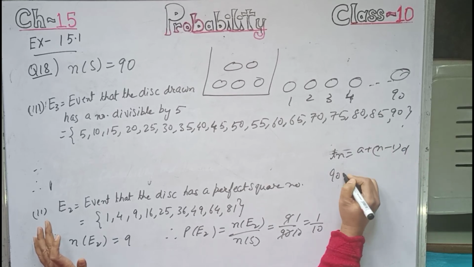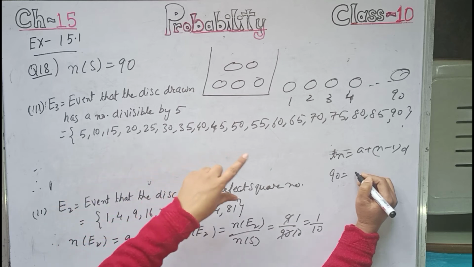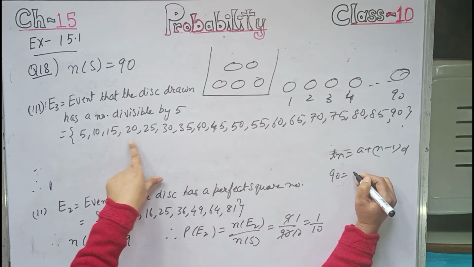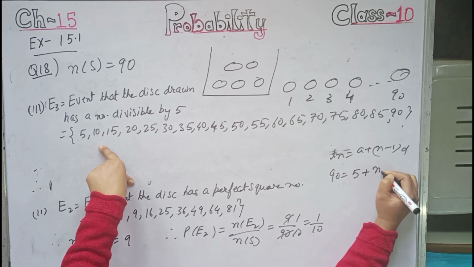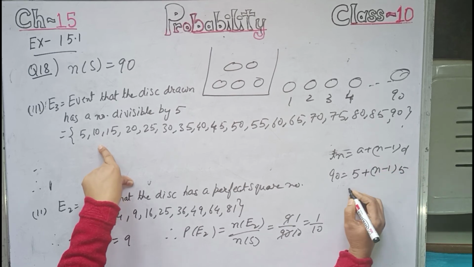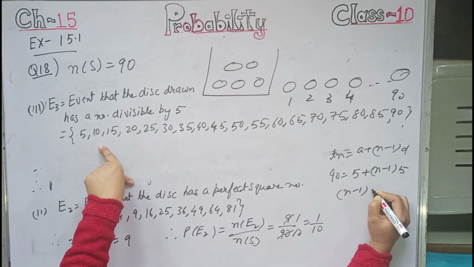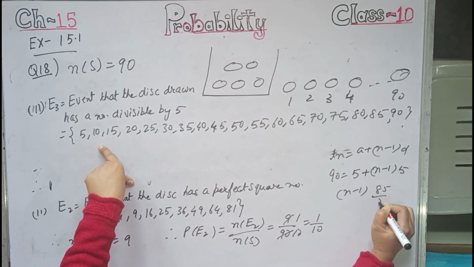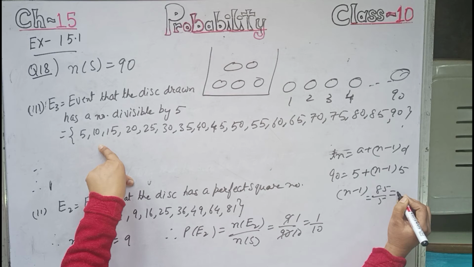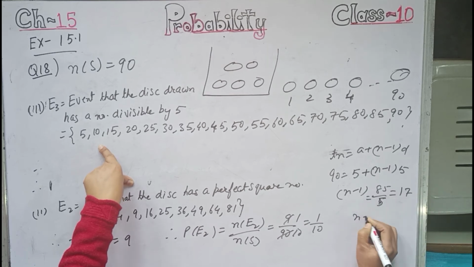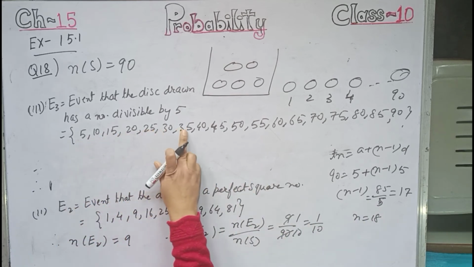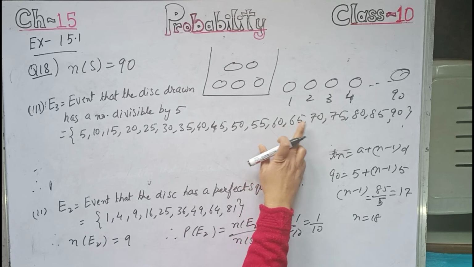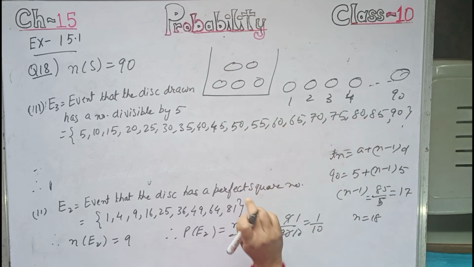So tn is 90, the last term, the first term is 5, and d is also 5. So n minus 1 will be how much? 85 by 5, which is 17. So n will be 18. Let us see it is 18 or not. Yes, it is 18.